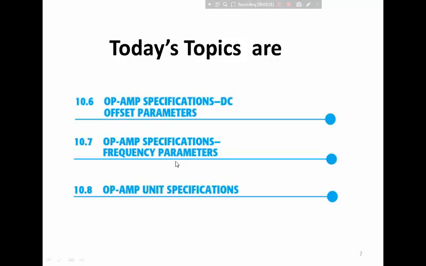Another important frequency parameter is the slew rate of the operational amplifier, which we will see in this class.